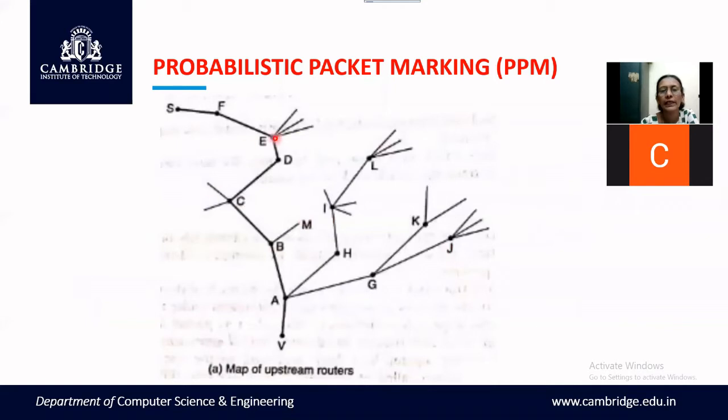For example, E has the information that the packet is going to come from S and F. D has information that the packet could come from S, F, E, or through this path or this path. C similarly has information about this path, this path, and so on. So every router has information about all the upstream routers that we have.